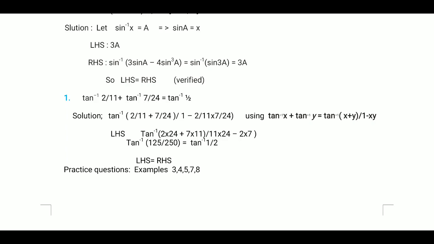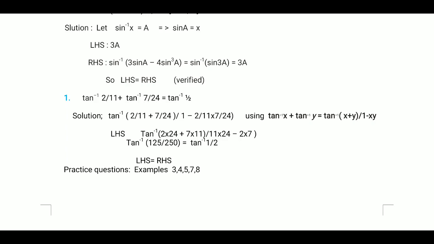As 11 into 24 is the LCM of the numerator and denominator both, they cancel out, we get tan inverse 125 upon 250, that is in lowest form tan inverse half, that is the right hand side. Thus we see that left hand side and right hand side are equal.